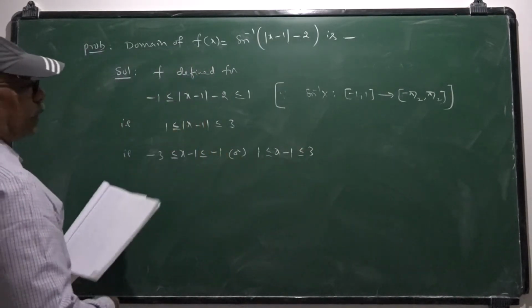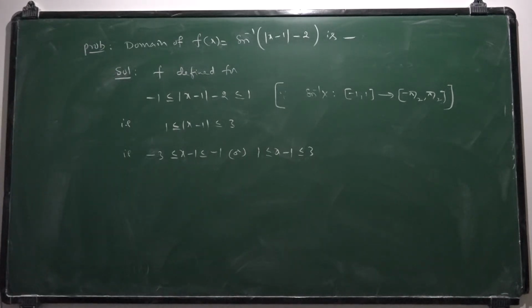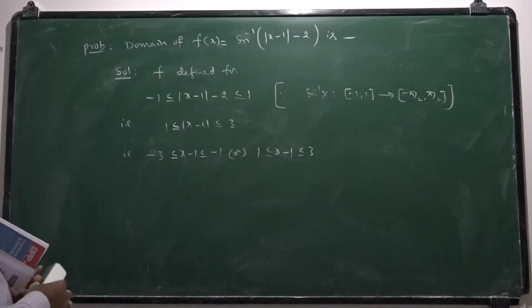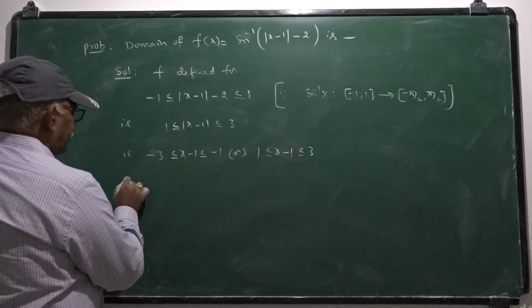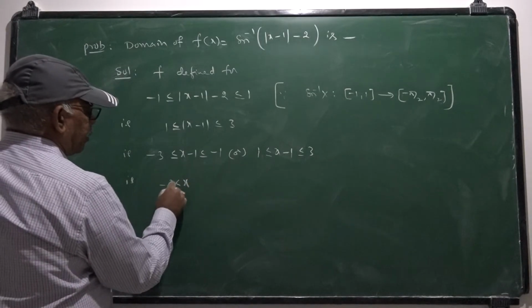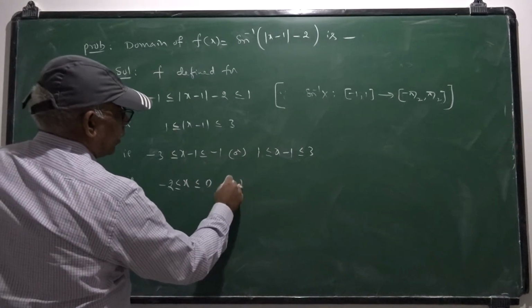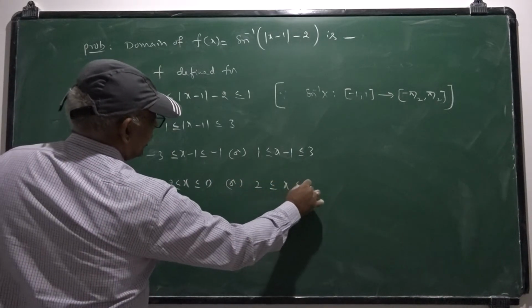Once it is positive, it lies between 1 and 3, and once it is negative, plus or minus, it takes the value x minus 1 lies between minus 3 and minus 1. That is, from this x lies between minus 2 and 0, or 2 and 4.